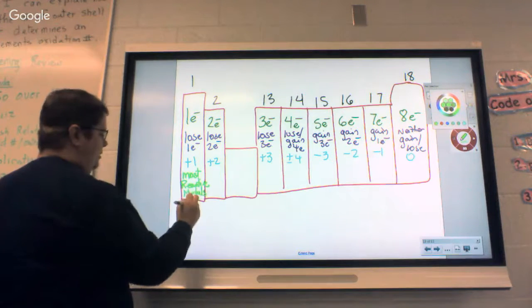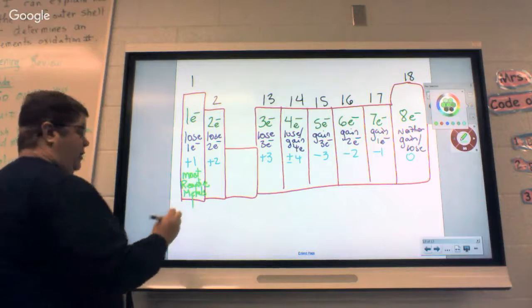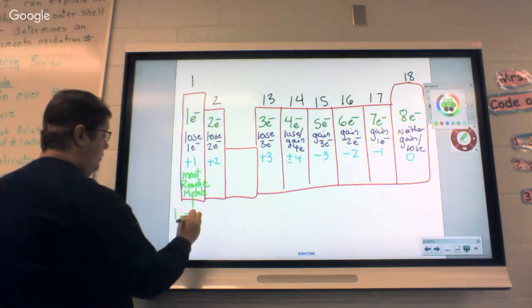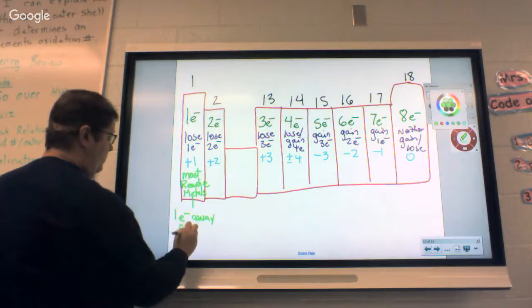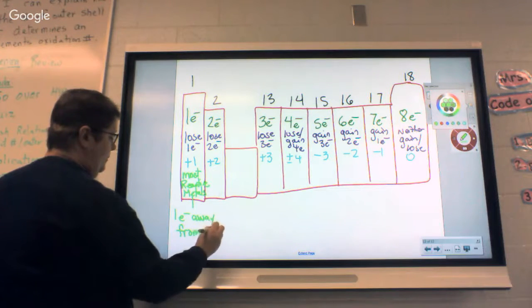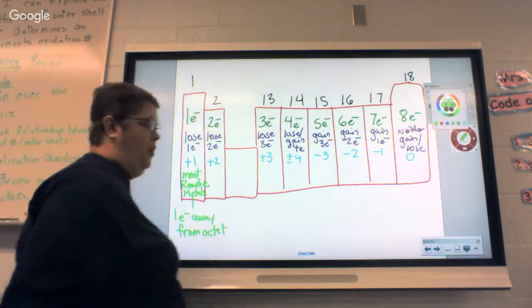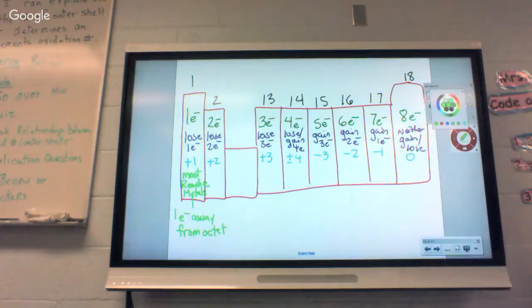Alright, I'm going to tell you why. One electron away from an octet. So, based on that, who else is the most reactive group on the periodic table? 17.